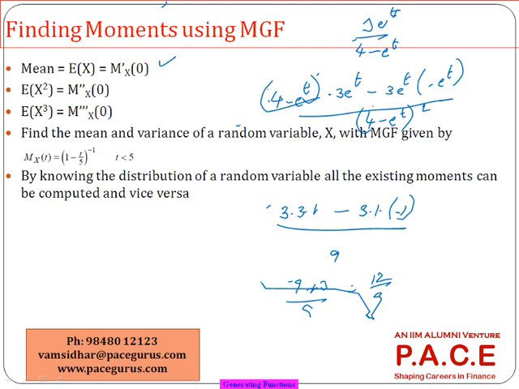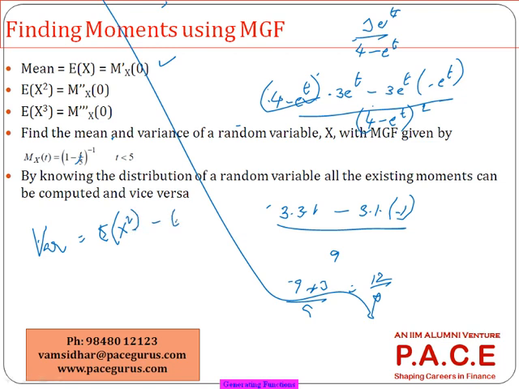So you take the derivative 2 times, substitute t equal to 0, you will get expected value of x squared. Then take the derivative 3 times, substitute 0, you will get the expected value of x cubed. Then variance, just to remind you of the formulas, is nothing but expected value of x squared minus expected value of x whole square.